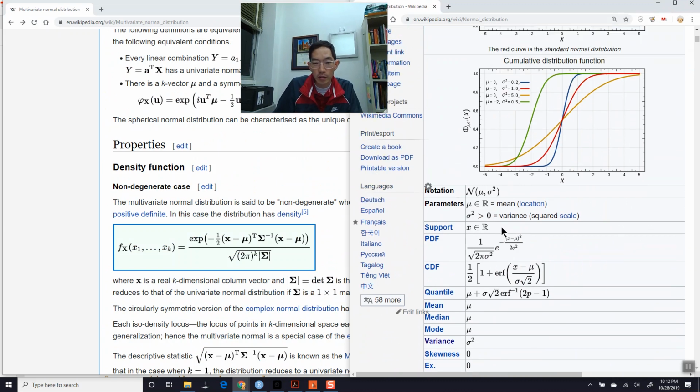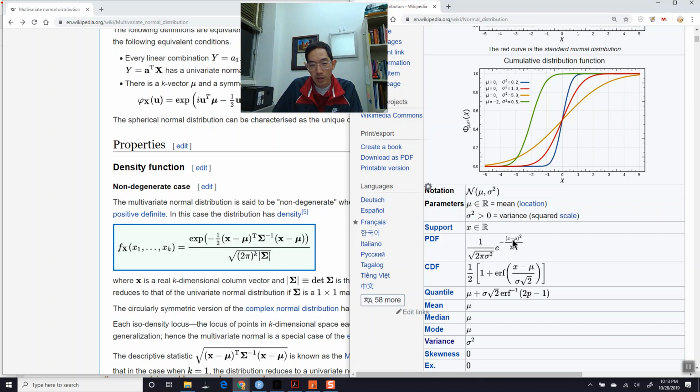You see 1 over the square root of 2 pi sigma squared, and here we've got the square root of 2 pi sigma. Sigma squared is kind of the variance, but it's technically the determinant, and it's raised to the k power because we're in k dimensions.